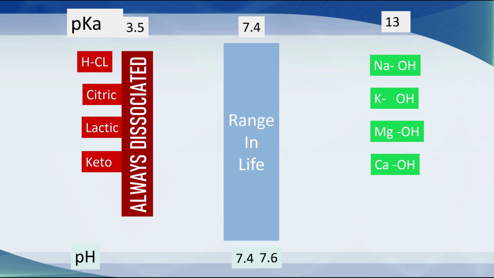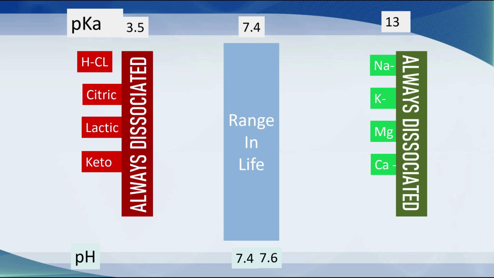Likewise, sodium, potassium, magnesium, and calcium as hydroxides have pKas in the range of 12, 13 or higher. They are always dissociated physiologically in our bodies, and we see them only as cationic ions.